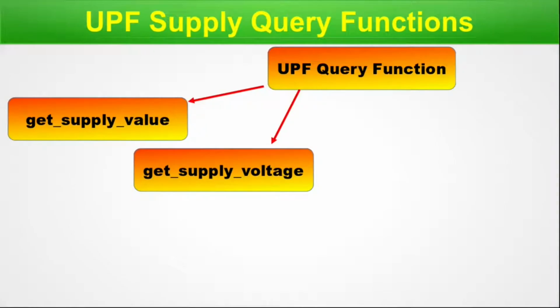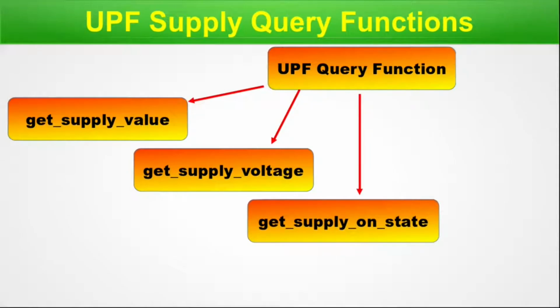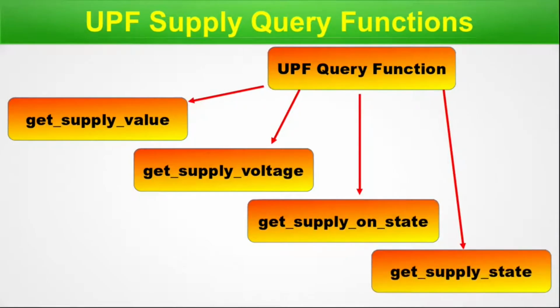As the name suggests, it will get the supply voltage. The next one is get supply on state. It will check the on state. And the final one is get supply state. So it will get the supply state. And these are the UPF query functions which are needed in the verification side. So we are done with this slide. Let's move on to the next one.